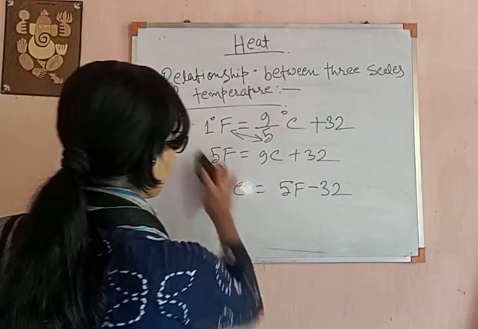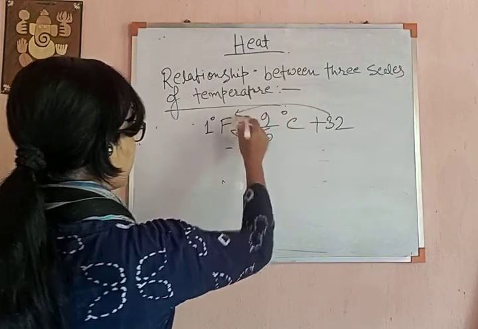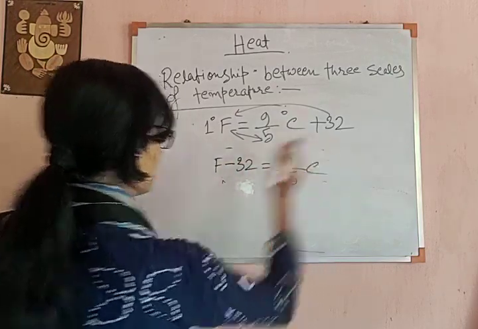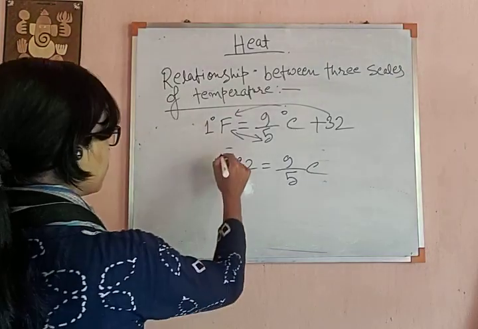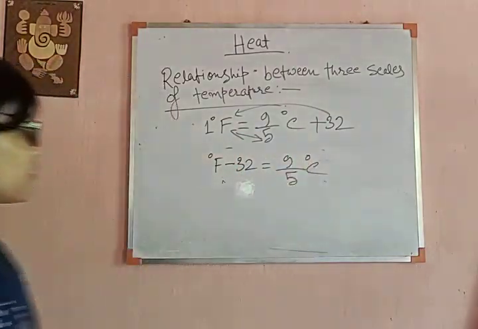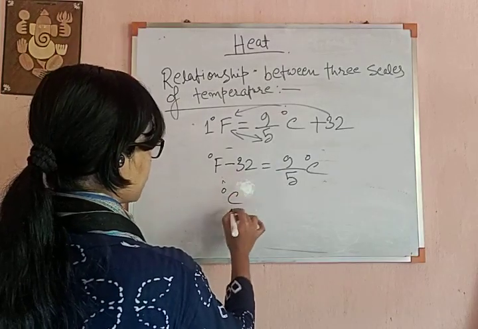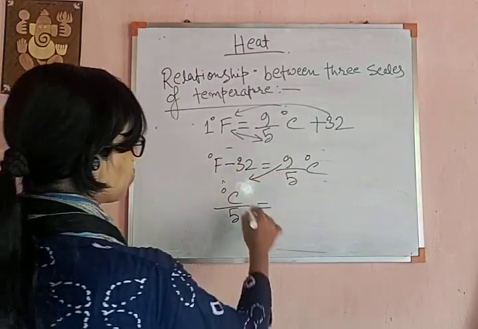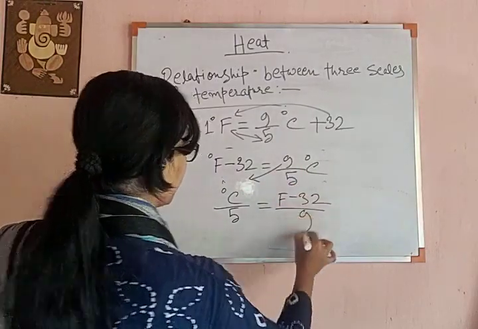It will be actually F minus 32 equal to 9 by 5 into C. Put it here. F minus 32 equal to 9 by 5 into C. Now degree F, degree Celsius. Next is degree Celsius. So degree Celsius by 5 equal to, just cross multiplication, put the 9 here. So degree Celsius by 5 equal to F minus 32 by 9.